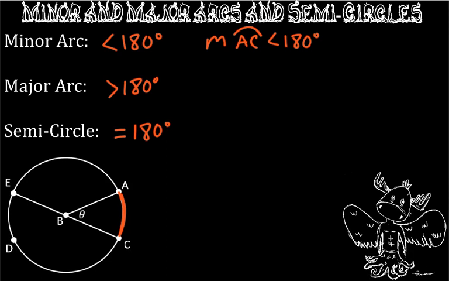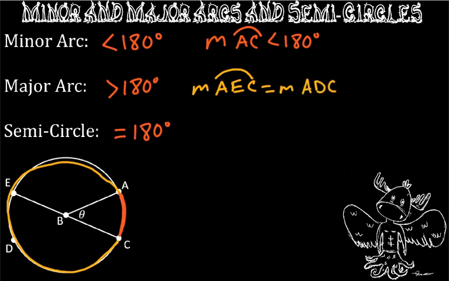To tell apart this arc AC from this arc that we might also want to call AC, that's a major arc. It's greater than 180 degrees, and so we use 3 points to identify it. We could say that the measure of arc AEC, which is equal to the measure of arc ADC, is greater than 180 degrees.